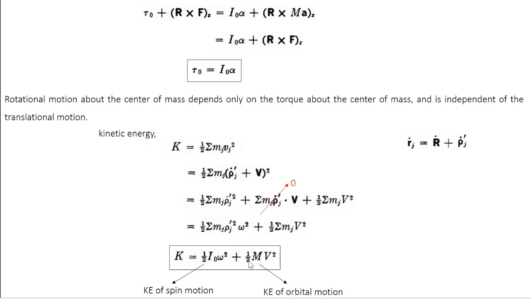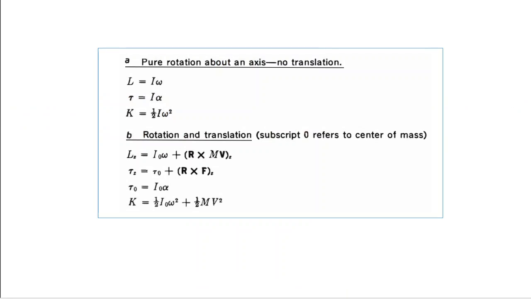And the second component is related to rotation of the center of mass around the origin. So this is the orbital component, or the kinetic energy of the orbital motion. So in the case of a general motion involving rotational and translational components, all the important parameters are going to have two components, the spin component and the orbital component.